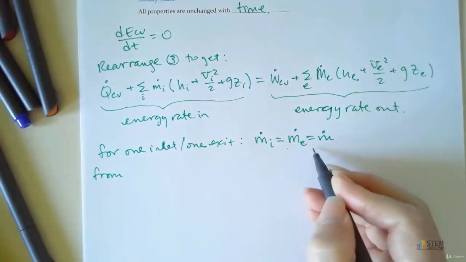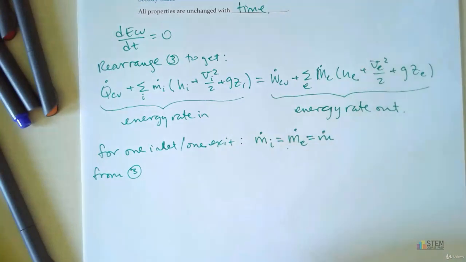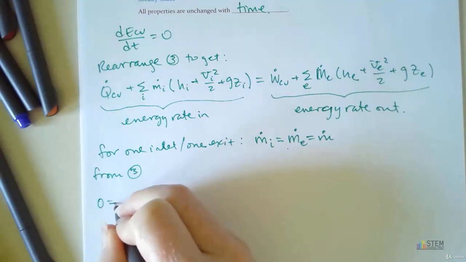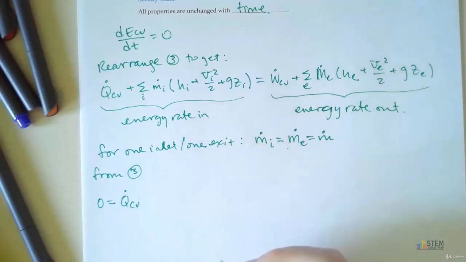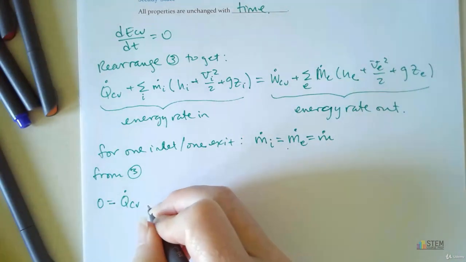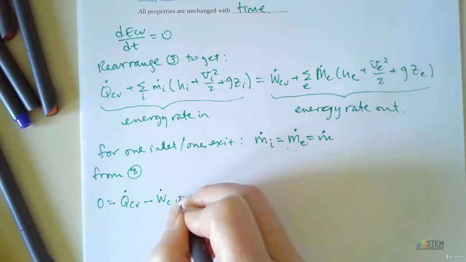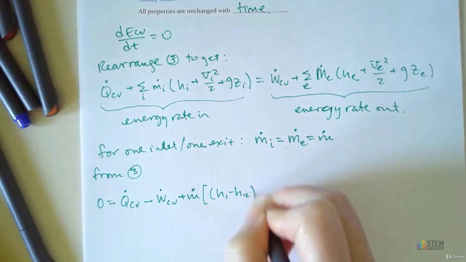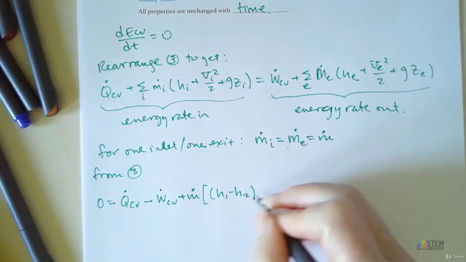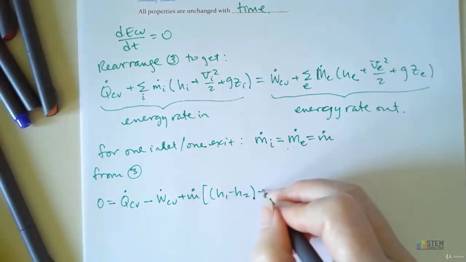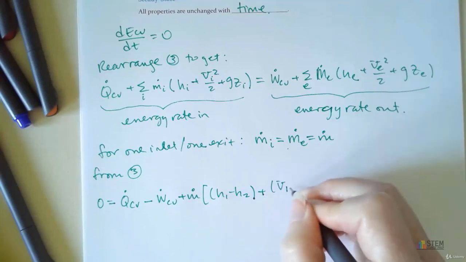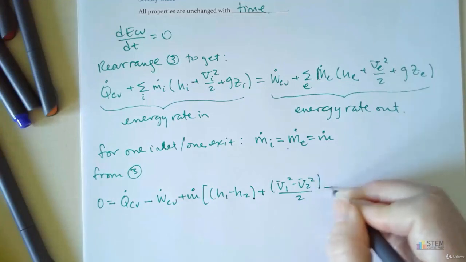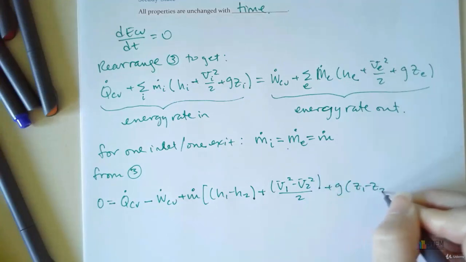Now, using this simplification from equation 3, let's get our final version. We can write that 0 equals Q_CV dot minus W_CV dot plus m dot times the change in enthalpy, so between 1 and 2, plus v1 squared minus v2 squared over 2 plus g times z1 minus z2.